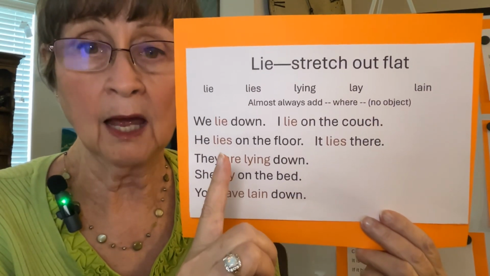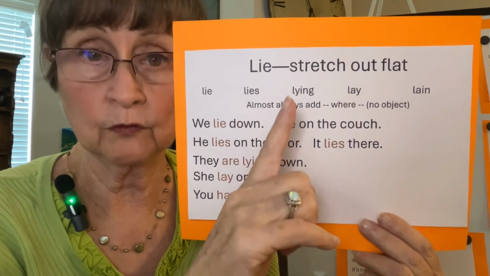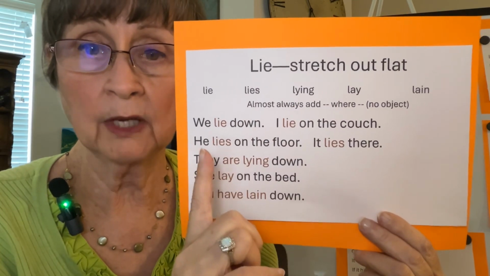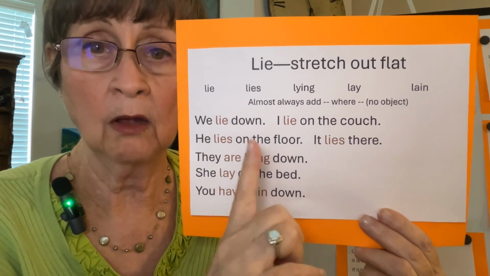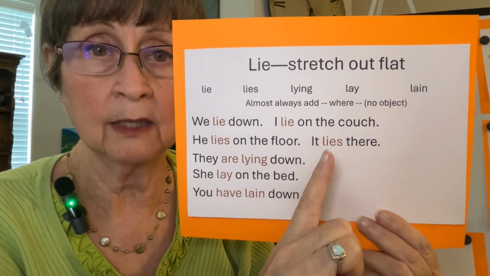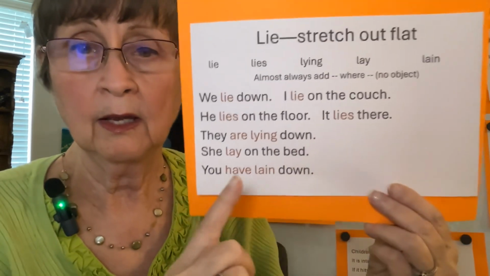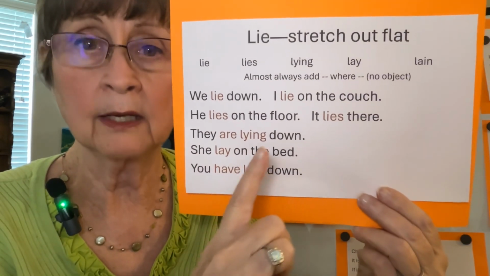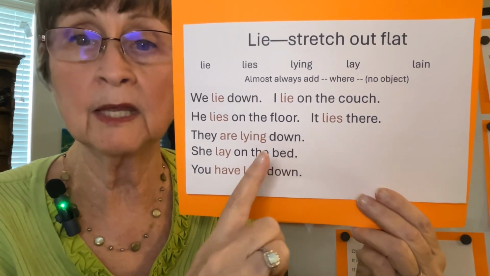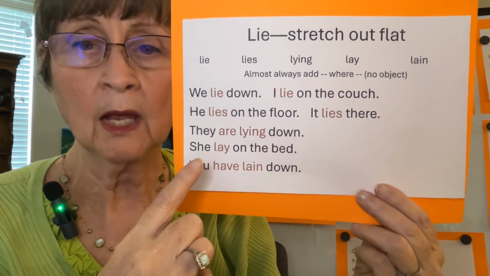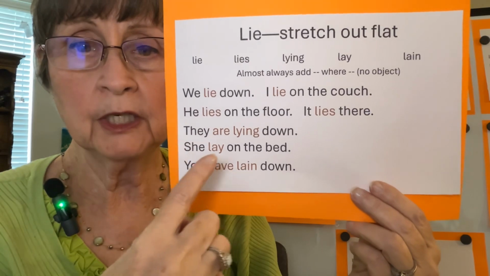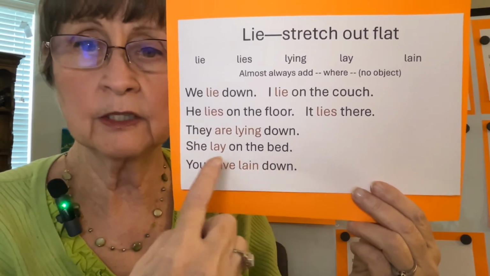He lies. This was lie first form. This is lies second form. He lies on the floor. It lies there. They are lying down. Maybe they need a nap. Earlier, she lay on the bed. This is fourth form.